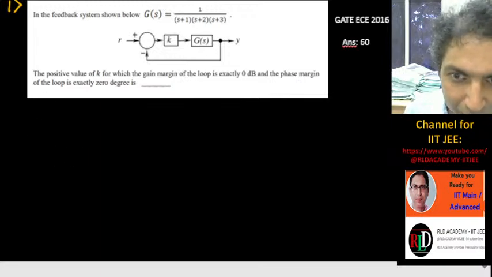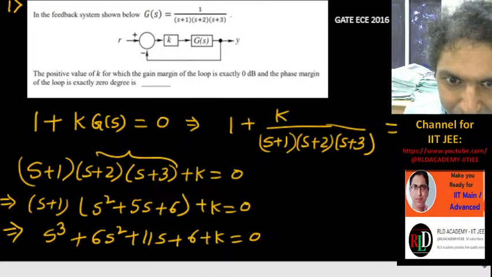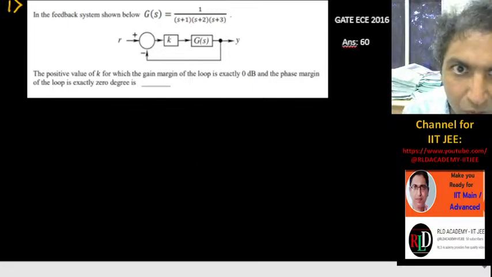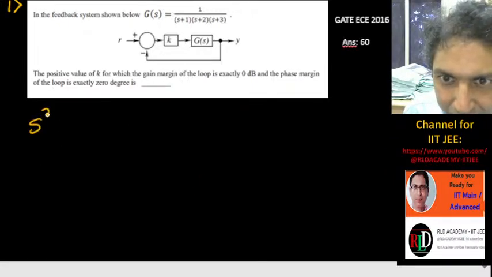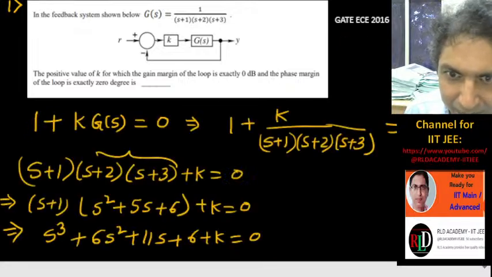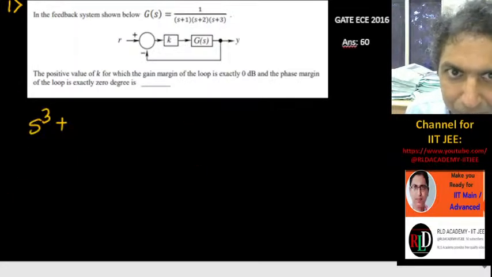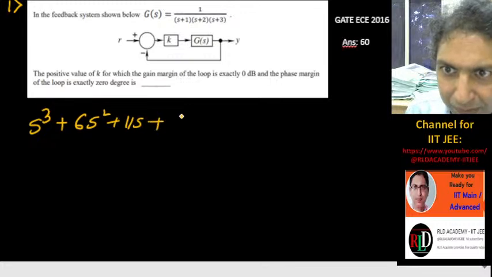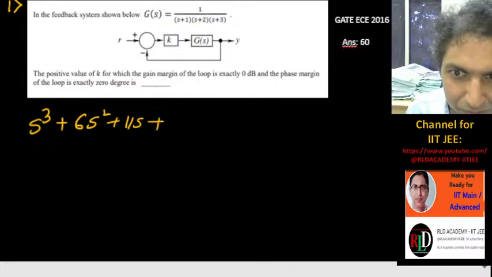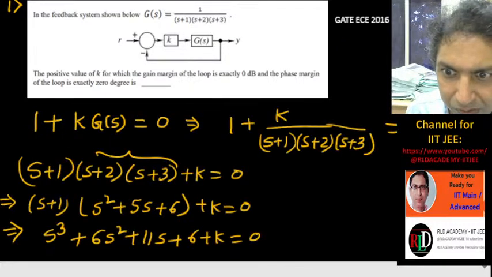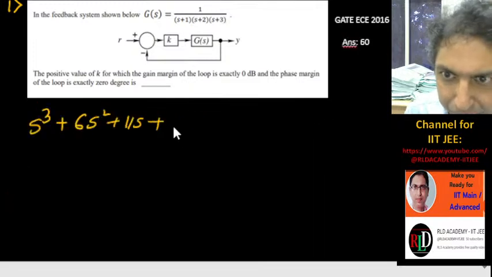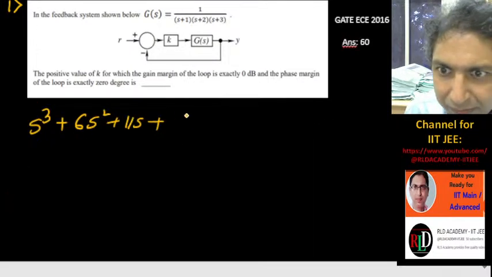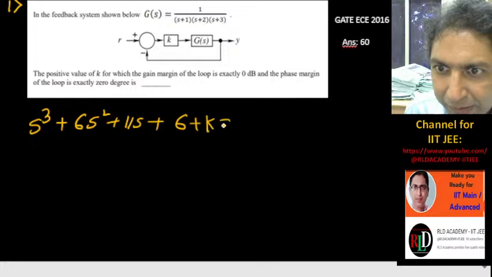So already we have got this equation: S cube plus 6S square plus 11S plus 6 plus K equals 0.